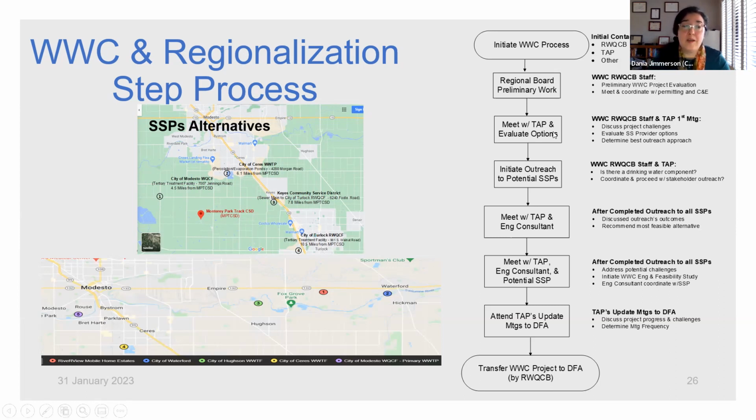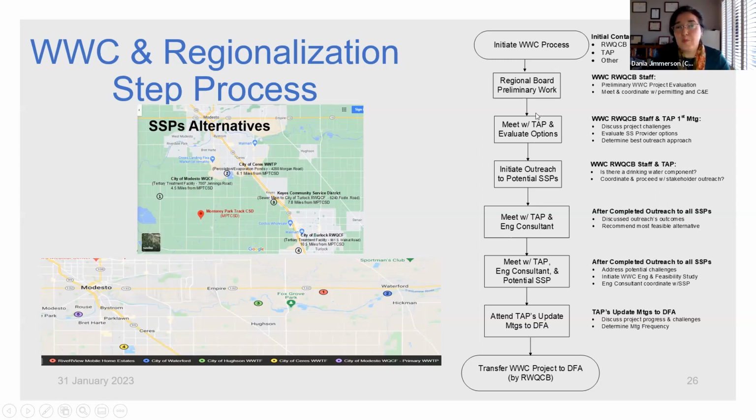And also their feasibility, is it really feasible? They can get a pretty good idea according to the distance, the sewer rates, and all of that, if it's going to be feasible, not just for them, but for the community, in this case here in red, Monterey Park Tract.